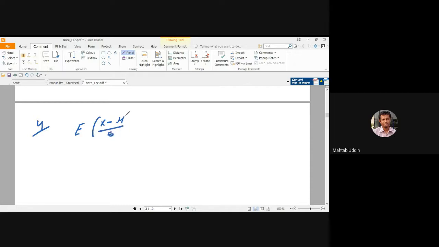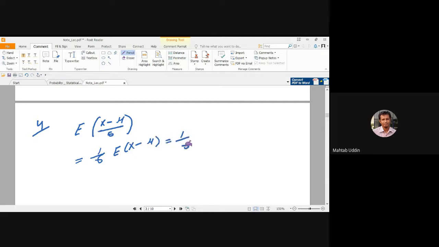If x is any known variable, then x minus mu by sigma is a standard variable. We'll discuss more about the standard variable in chapter 3.3. Now sigma is constant, so we write 1 by sigma expectation of x minus mu.